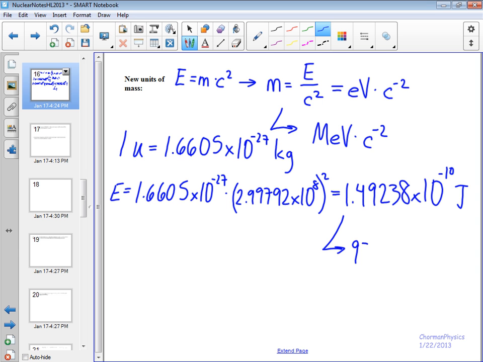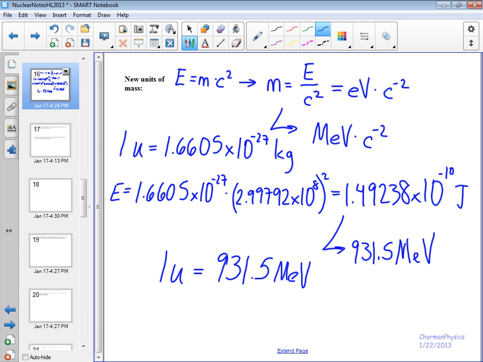This converts to 931.5 mega electron volts. So now you know the definition that 1 unified atomic mass unit equals 931 mega electron volts per c squared.